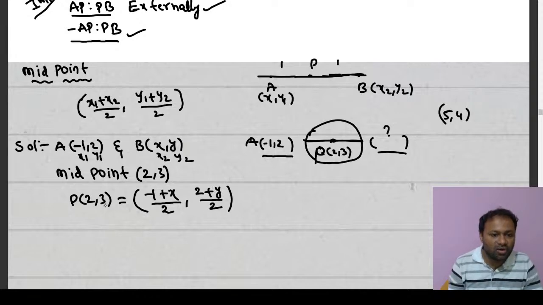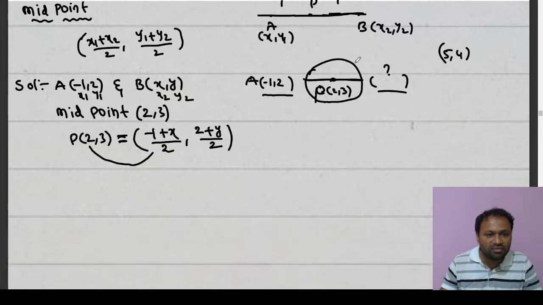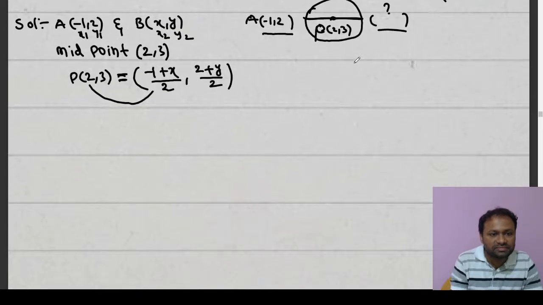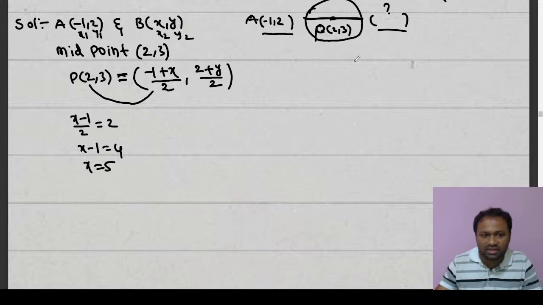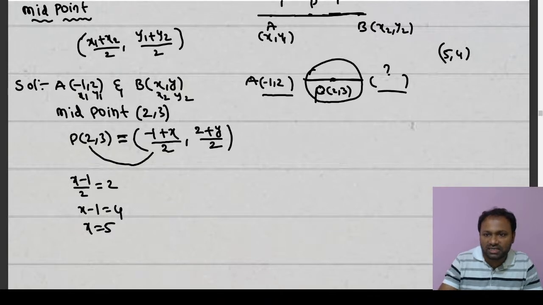Now these two ordered pairs are equal, so we can compare them. So x minus 1 by 2 is equal to 2. So x minus 1 is equal to 4. So x is equal to 4 plus 1, 5. I think this 5 is correct.